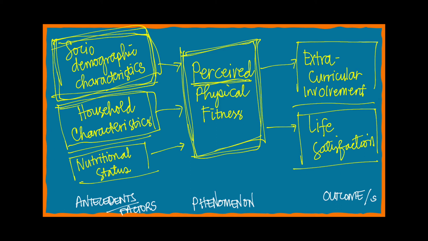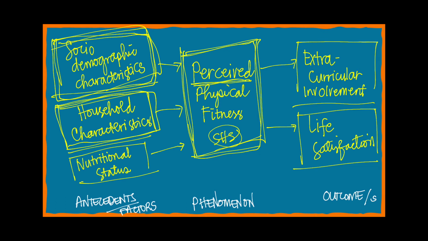And then, of course, we have household characteristics. For example, our participants in this study are children or adolescents, like SHS students. So the parents, the type of family of the child in terms of household size, right?